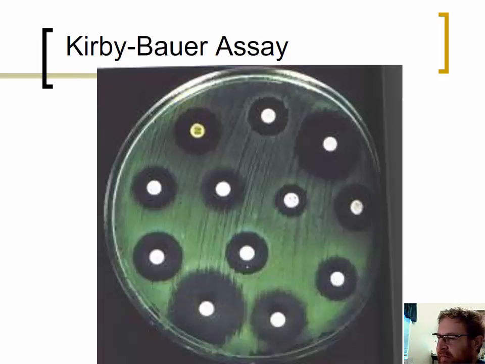And this is a very, very common technique done in hospital labs, because if you saw no zone of inhibition, you would know that the bacteria were resistant to that kind of antibiotic, and so you couldn't use that as a drug.